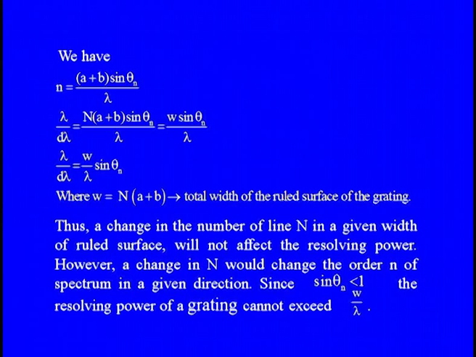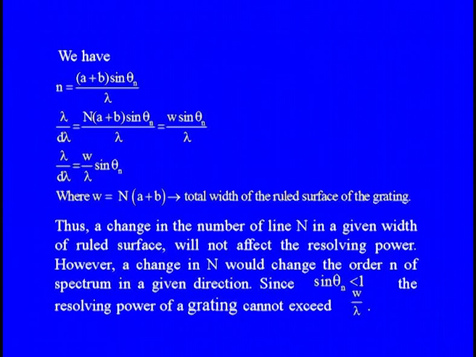Thus, a change in the number of lines capital N in a given width of ruled surface will not affect the resolving power. However, a change in capital N would change the order n of the spectrum in a given direction.